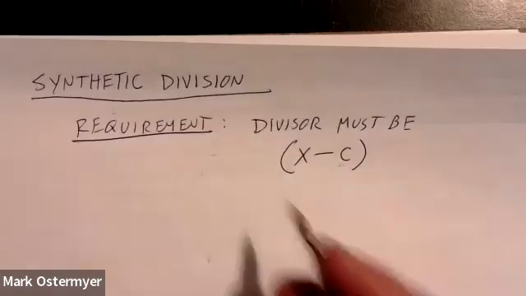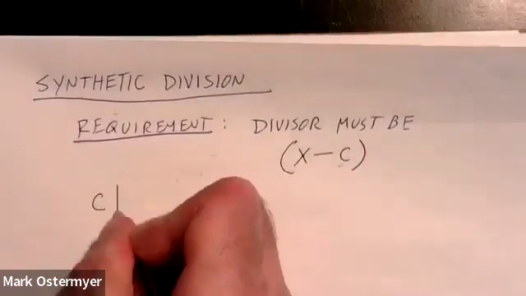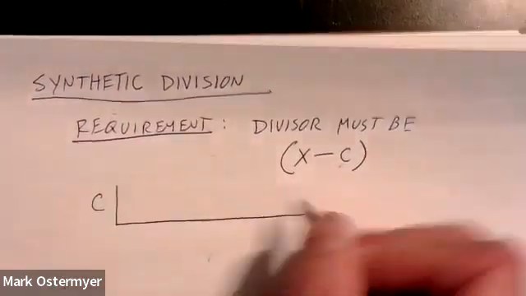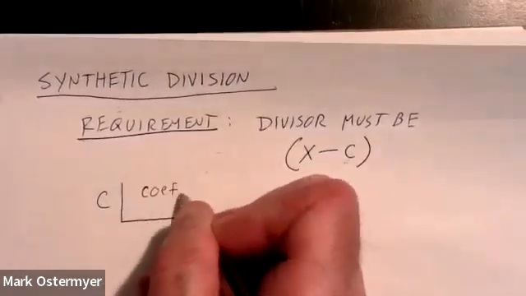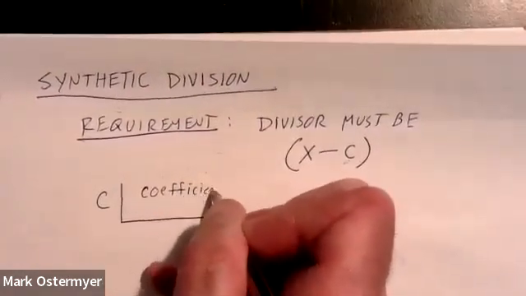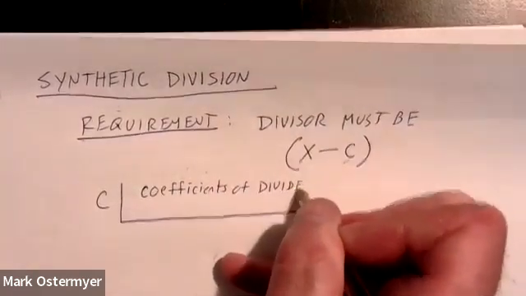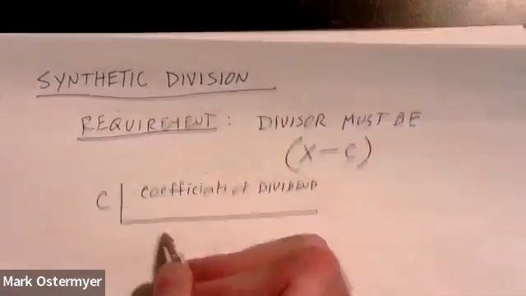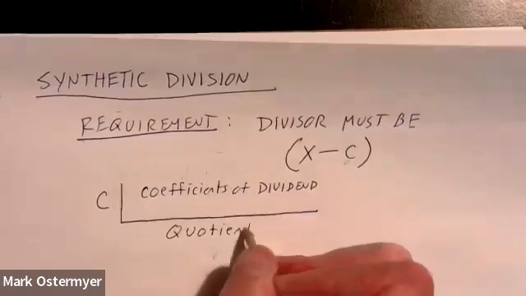Okay. So here's what we're going to do here. When you do synthetic division, what you do is you divide this number c synthetically using an upside down division bar into the coefficients of the dividend. And what's going to happen is your quotient's going to actually appear below this upside down division bar, quotient.